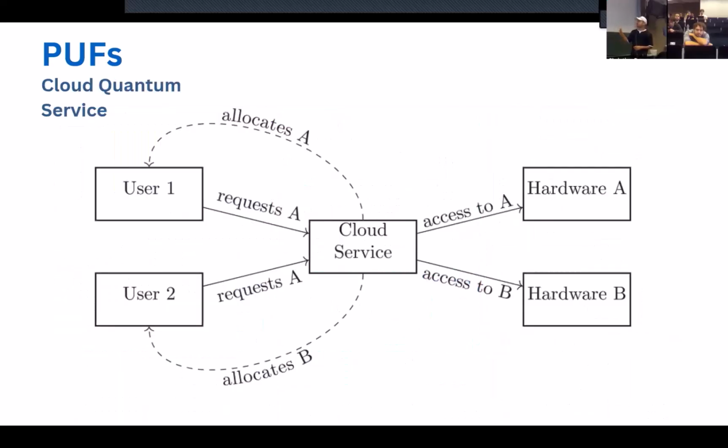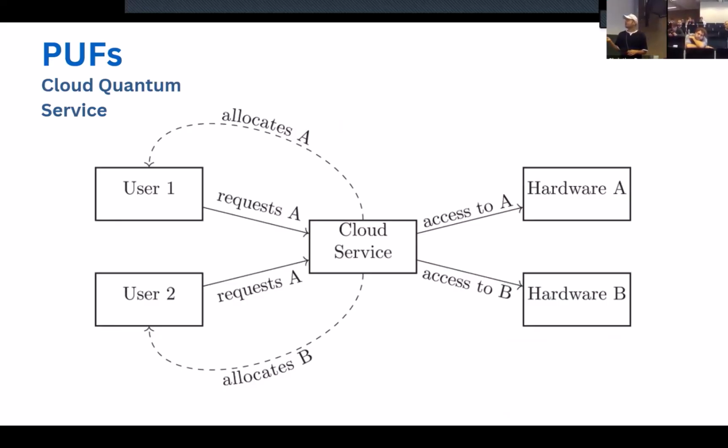So here's one particular example that I will give. Right now in the quantum age, we don't have quantum computers at our home. We have quantum computers in some IBM laboratory, which we can access by cloud, and we need to pay for their service. If we are paying for a good hardware device, we want to make sure that we actually run our protocol on that device, not on any other device.